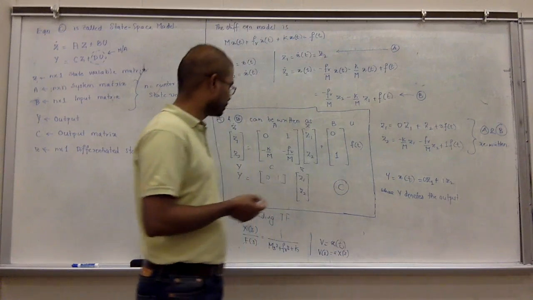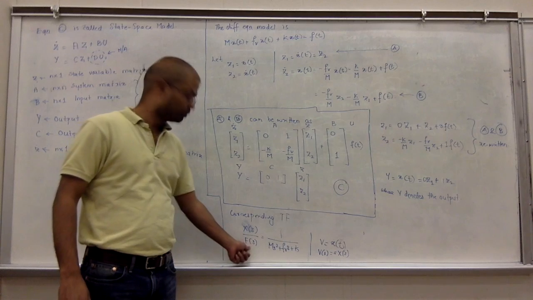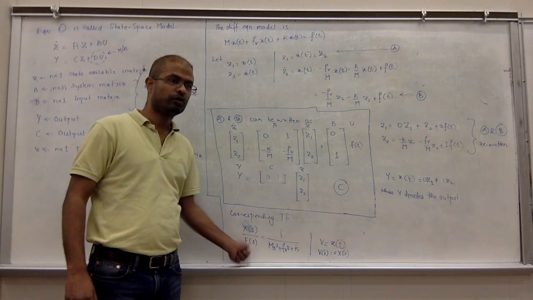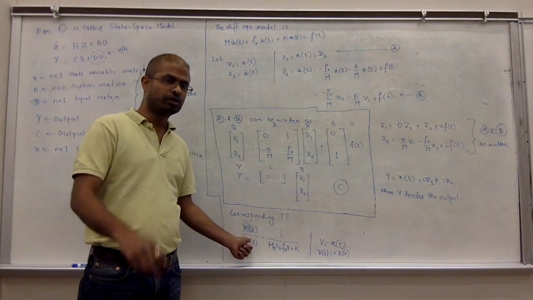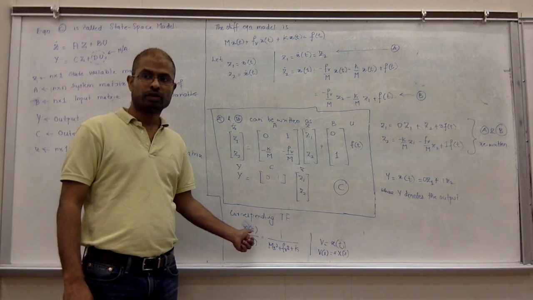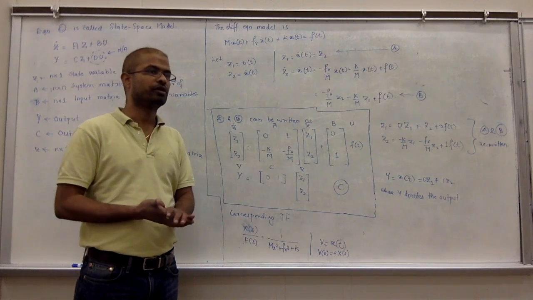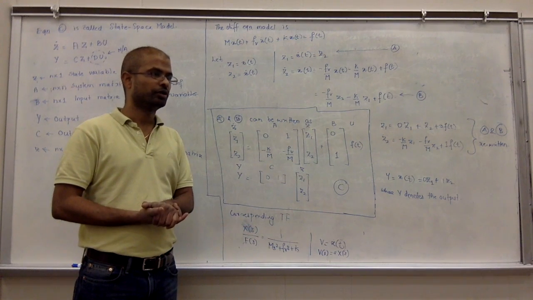So this gives you the system model. Now if you know an applied input, you will always be able to know how the system works. This X of S will tell you what is system output, system response. You're always interested in how the system responds. Okay?